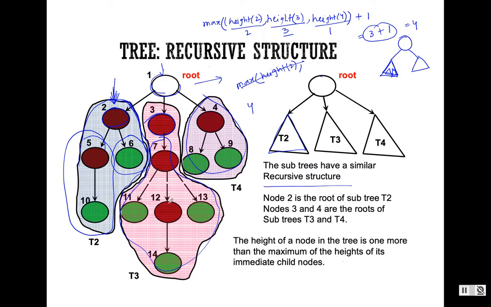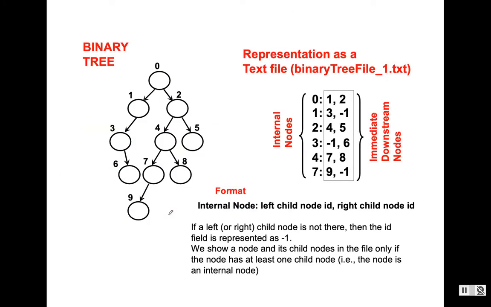Some of the nodes may not have any children, which are leaf nodes. Now one form of tree is known as a binary tree. Binary tree means each of the nodes can have at most two children, okay.